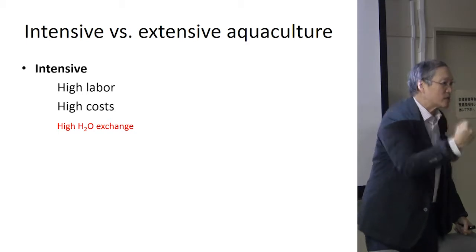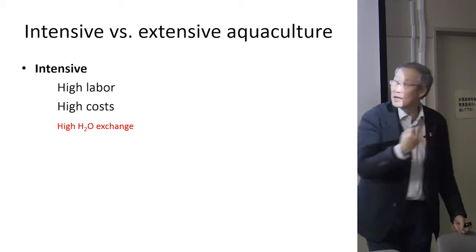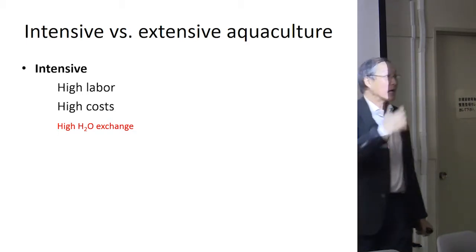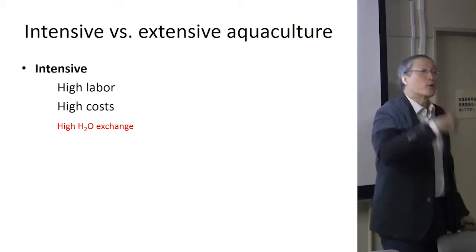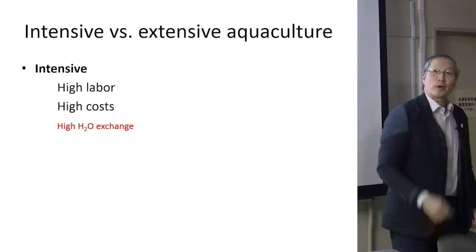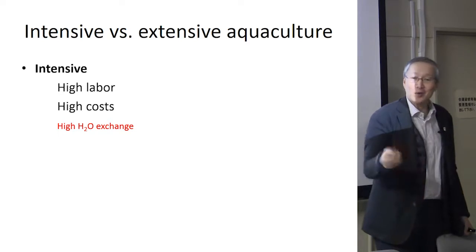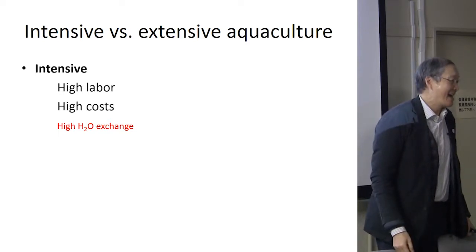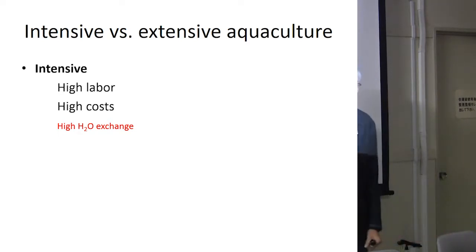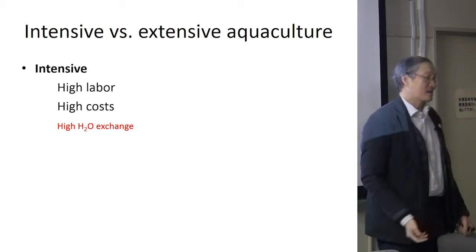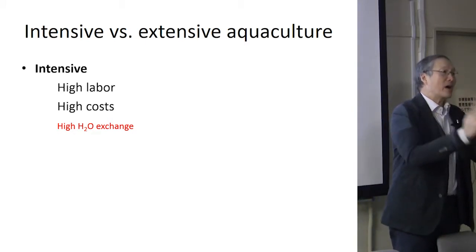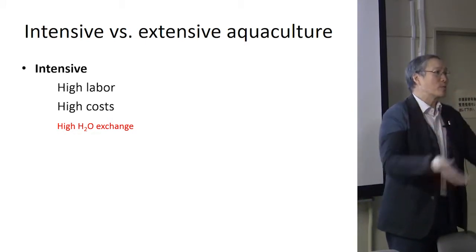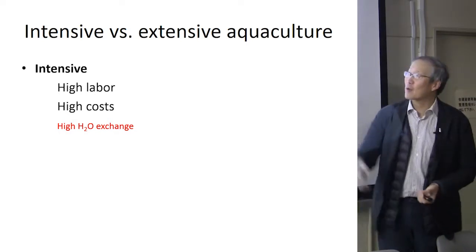Strong, intense. So intensive means high labor cost. You need more people to help you, so you need to pay more salary. High costs also mean you need to put many other facilities in order to put up your intensive aquaculture.